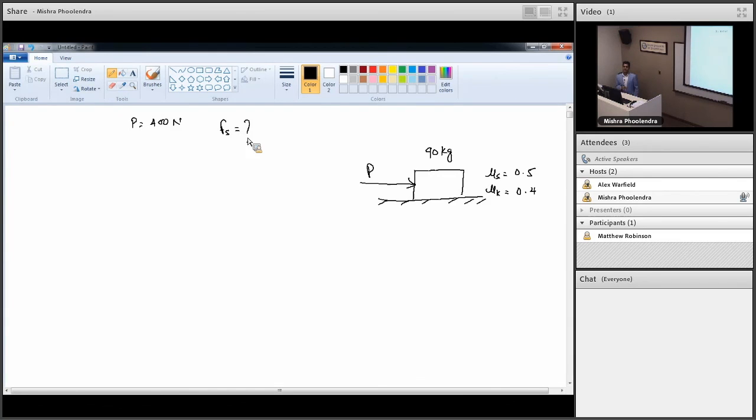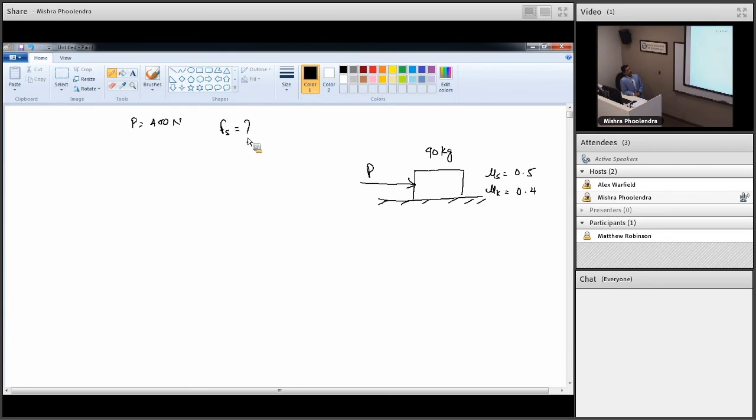So basically we are solving for friction force, and again you can have a variety of these problems, and again just understanding the basics of the friction will help you solve this problem. So we have a 90 kilogram mass of the body.